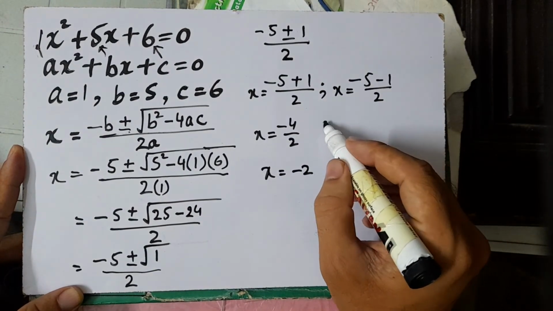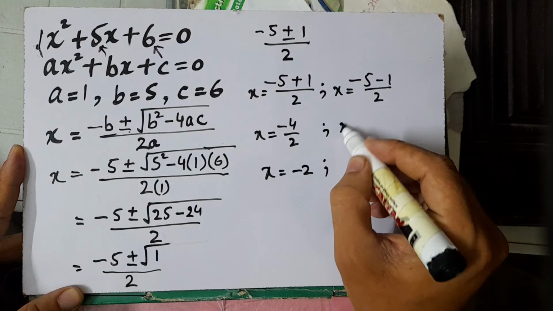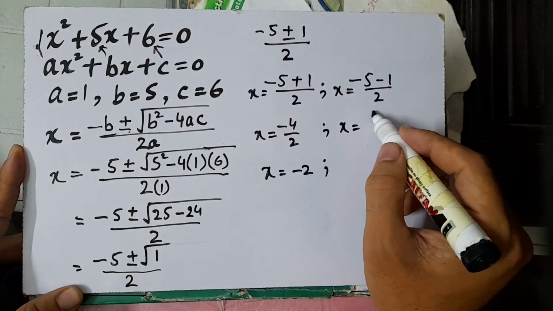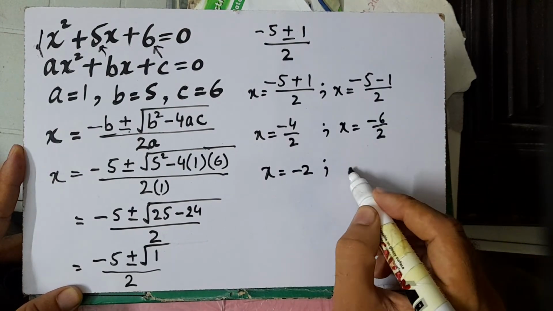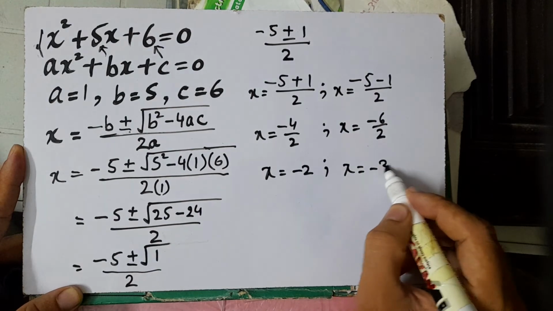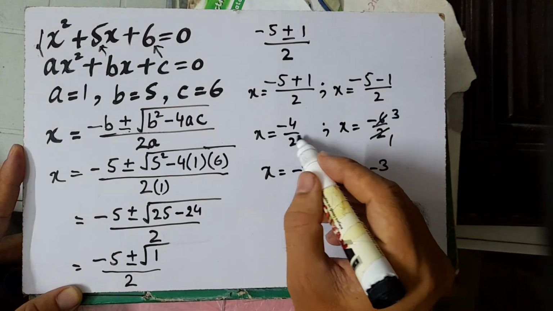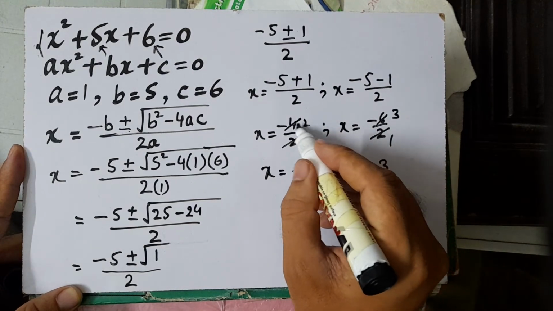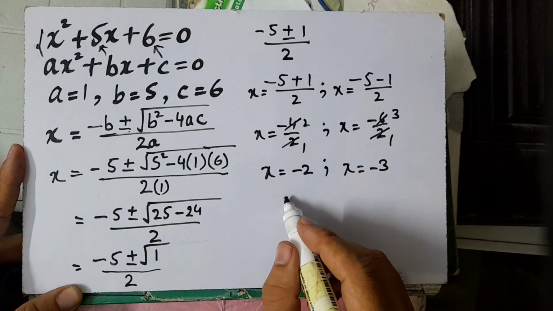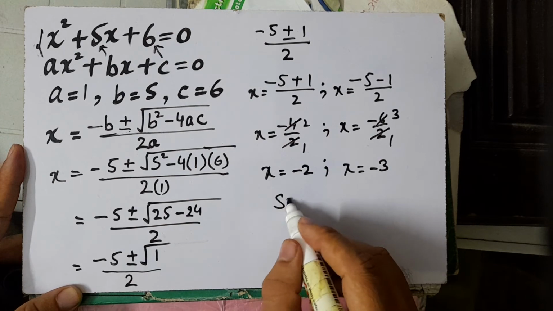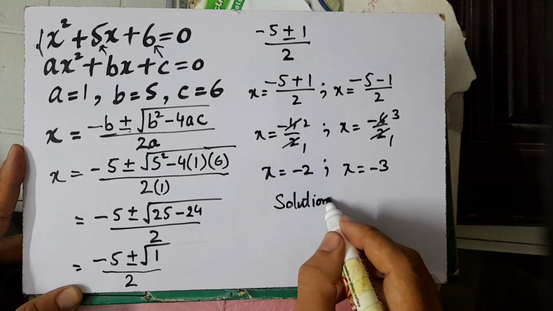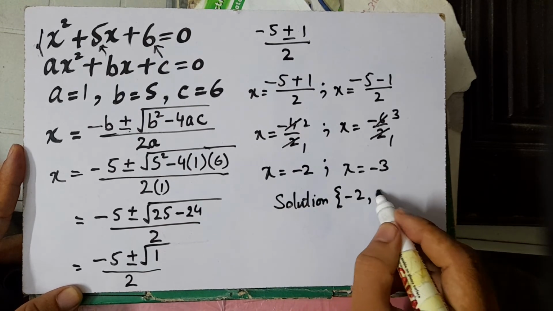And here x is equal to minus 5 minus 1, which is minus 6, divided by 2, so x would be minus 3, because 2 times 3 is 6, and 2 times 2 is 4. So our solutions will be minus 2 and minus 3.